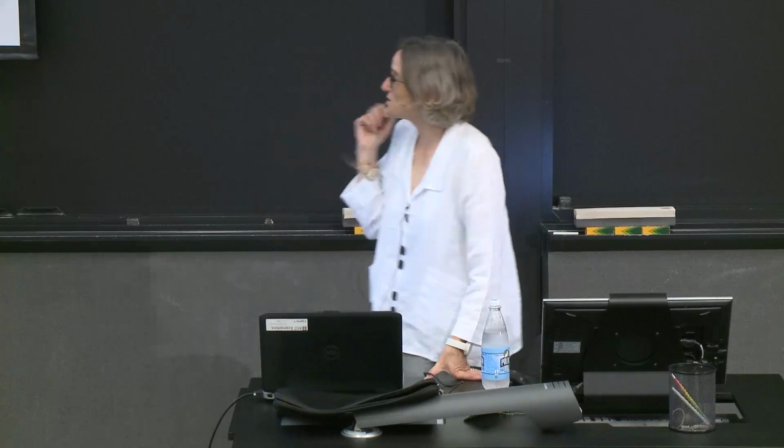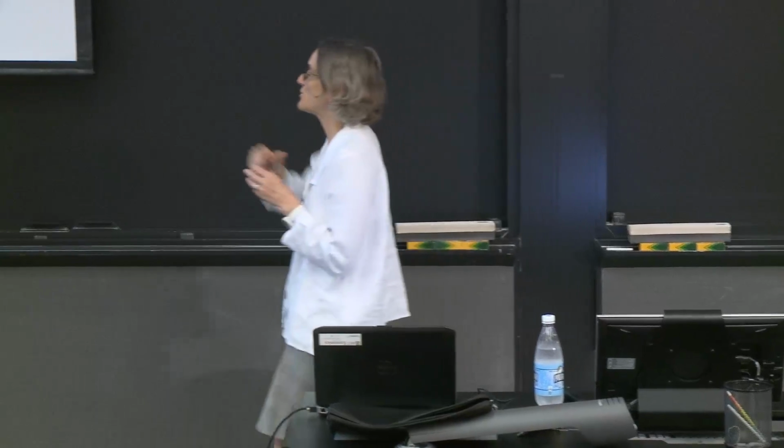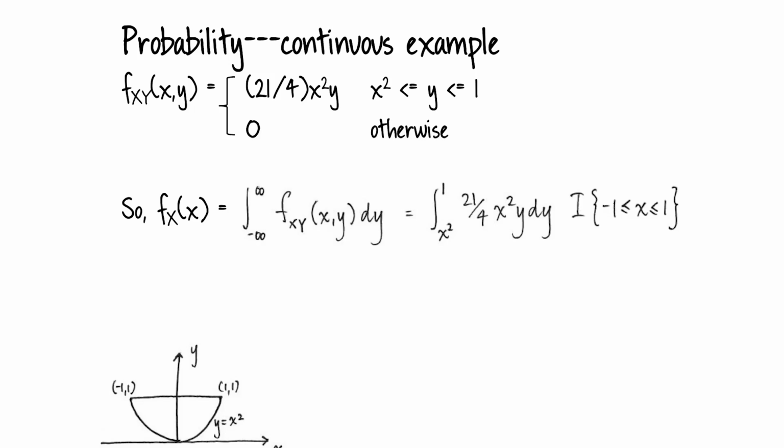If I wanted to be really pedantic and precise about my notation, I'd put an indicator function here, because this PDF is only non-zero over this region, where x is between -1 and 1. So just to be super careful, I might include an indicator function to remind us of that.